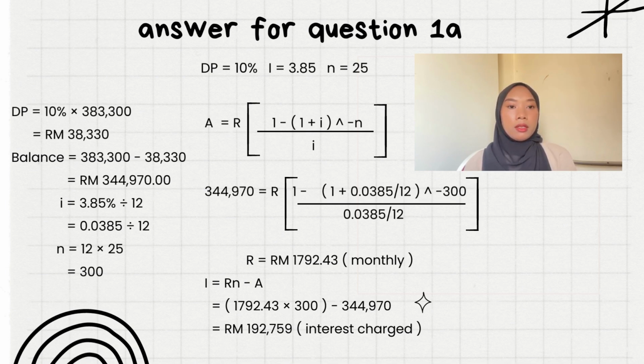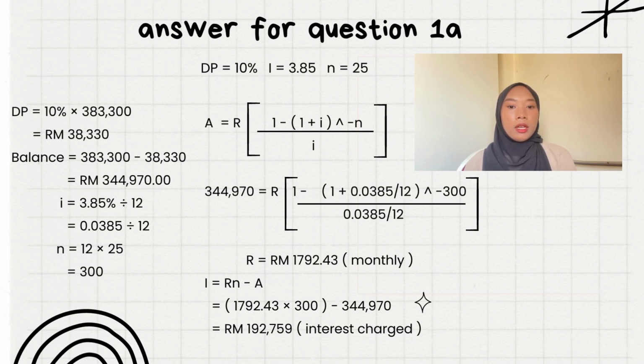38,330 ringgit. And next we find the balance, which is 383,300 ringgit minus 38,330 ringgit, and we get 344,970 ringgit.